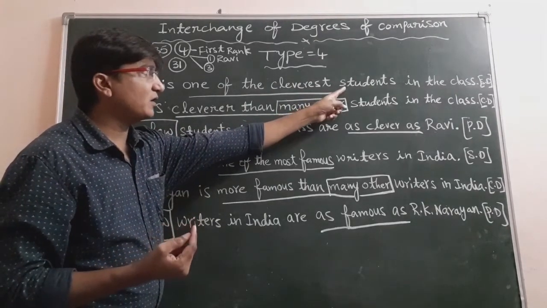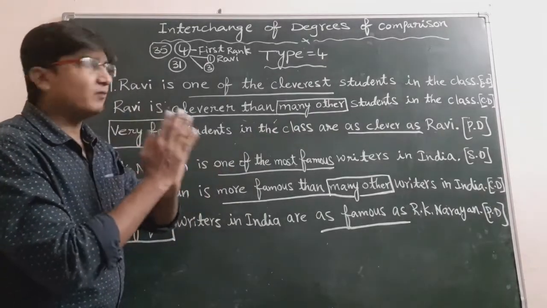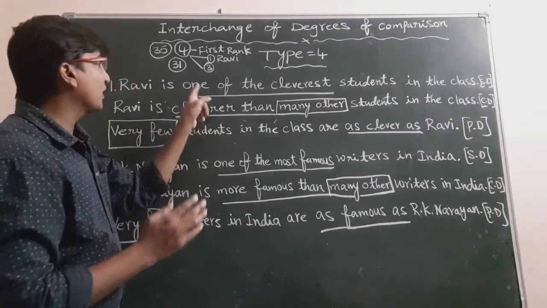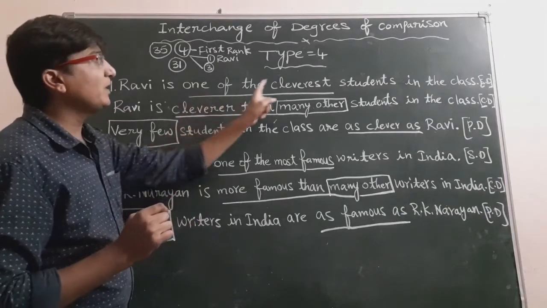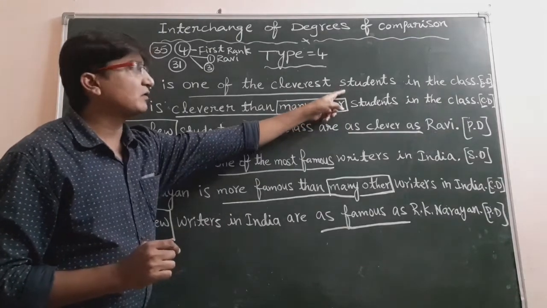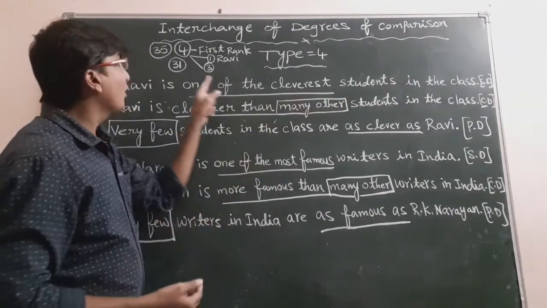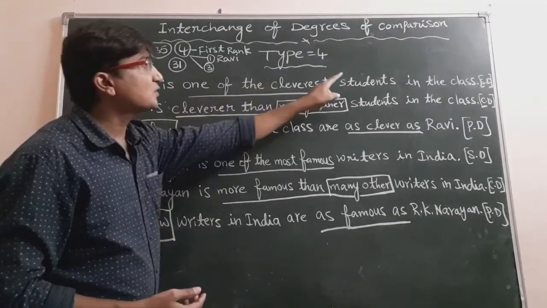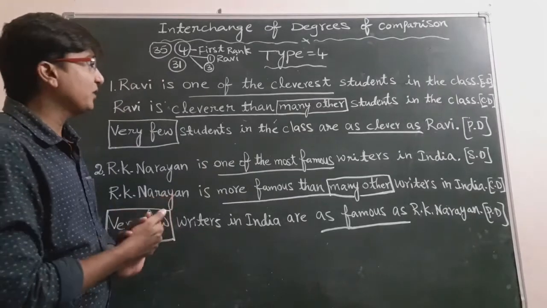So that's why here we will have students. Even I have made a video about the use of one of. So remember friends, one of will be followed by plural nouns but not singular noun. So most of the time we do mistake here. One of the cleverest students in the class, it is in superlative degree.